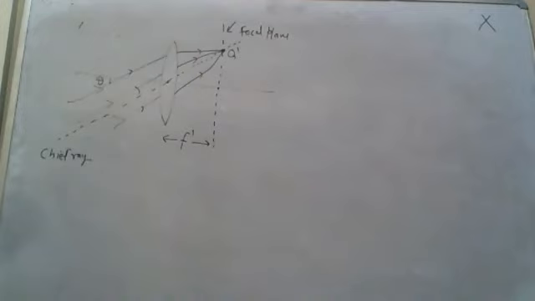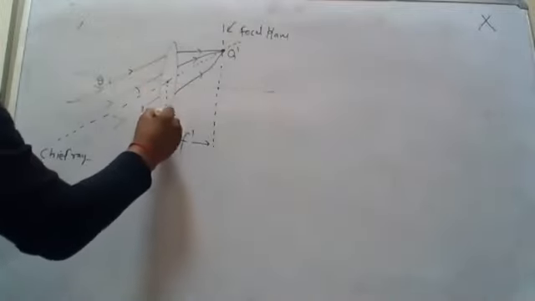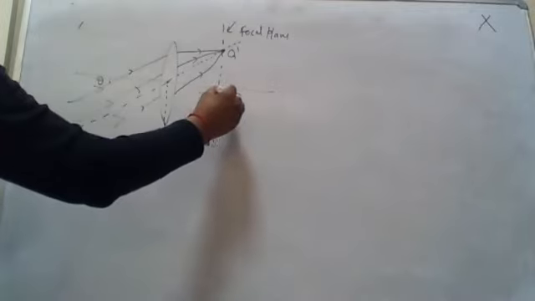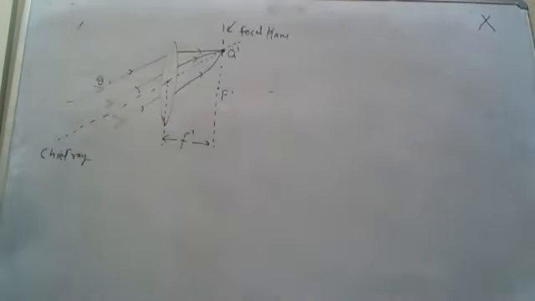Basically the distance between the center of the lens and either of its focal points is the focal length, because we are discussing the thin lens.